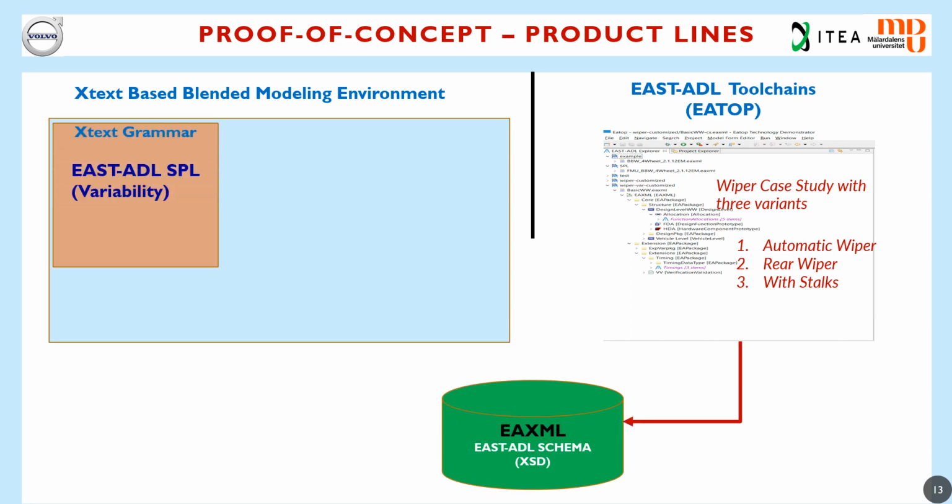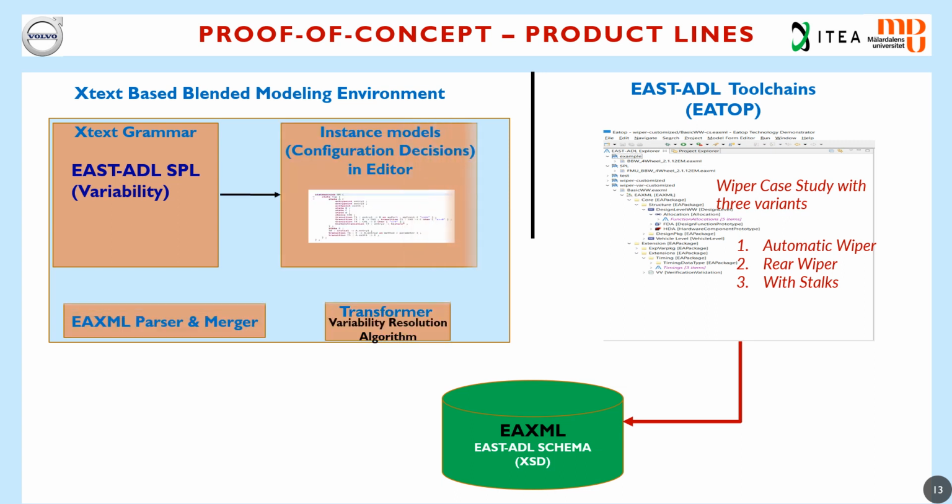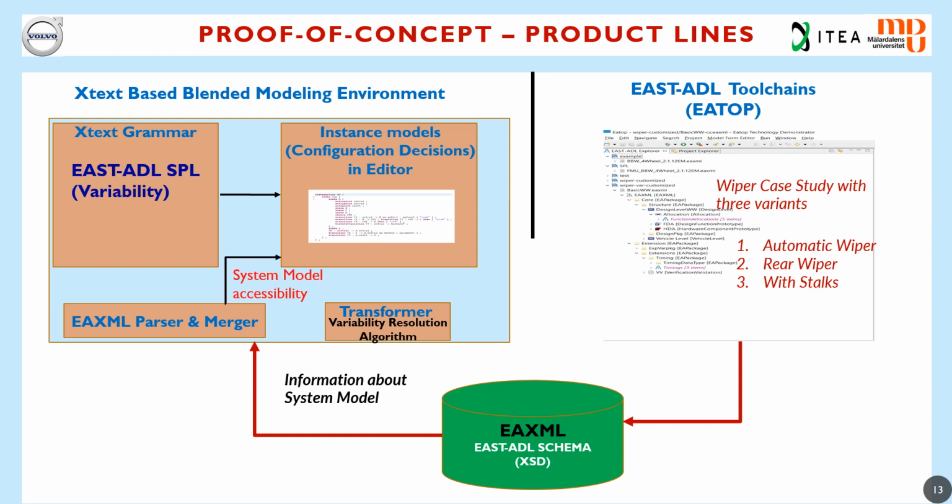Of course, in the proposed framework, we defined the Xtext grammar for variability. Basically, variability packages deal with the software product lines in each.dll, and based on this variability grammar, the text editor is available. We already discussed this. And the information about the system model is fetched and then accessible in the text editor and the transformer.